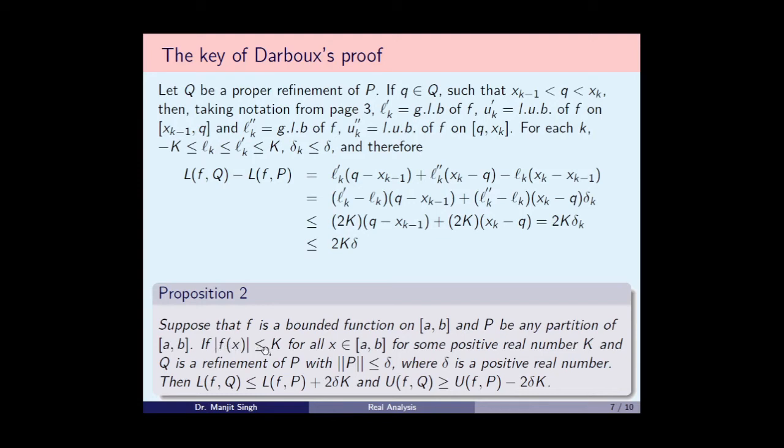If the absolute value of f(x) is less than or equal to K for all x belonging to [a,b] for some real number K, and Q is a refinement of P with norm of P less than delta, where delta is a real number, then in this situation the lower sum corresponding to the refinement is less than or equal to the lower sum of the partition P plus 2 delta K. So this is an important result for proving the next proof of Darboux's theorem.